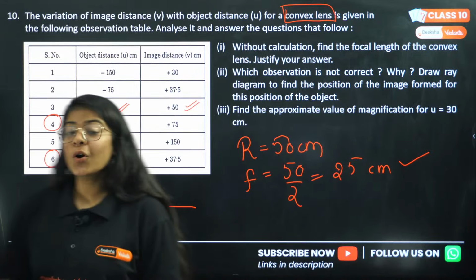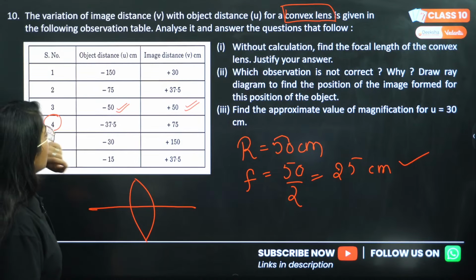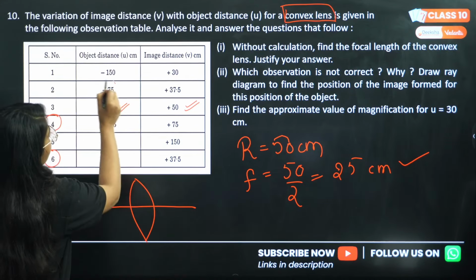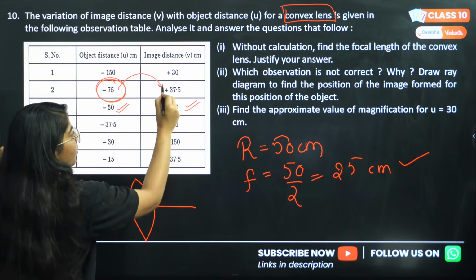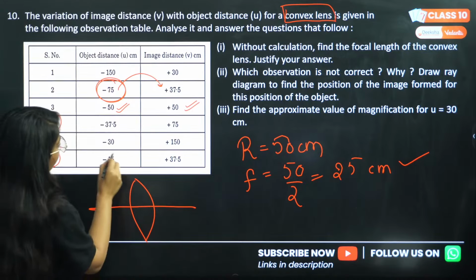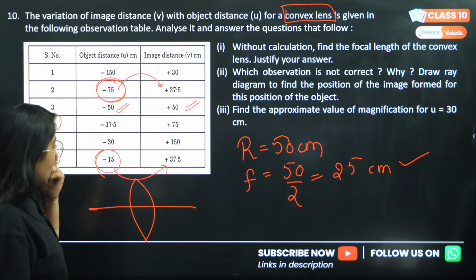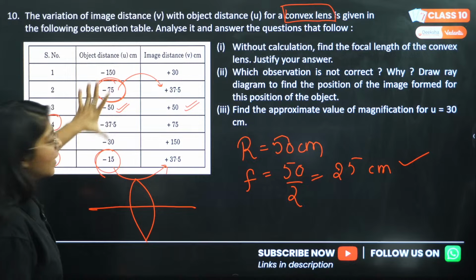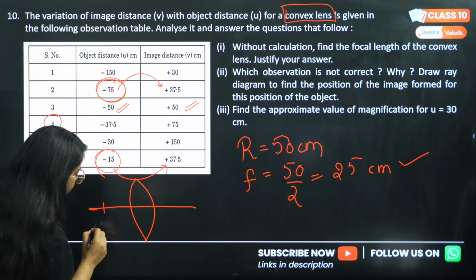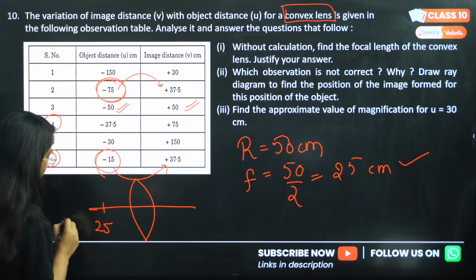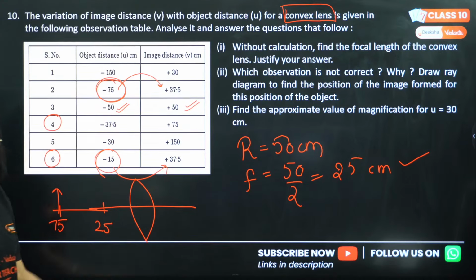Okay, so if you analyze this table carefully, you will see some anomaly. At 75 centimeter, if my object is at 75 centimeter, the image is formed at 37.5. But at minus 15 centimeter, the image is again formed at 37.5. Okay, now what you can do is, you should analyze these 2 cases carefully, correct? The focal length is 25 centimeter. In first case, the image distance is here. It is at 75 centimeter, correct?